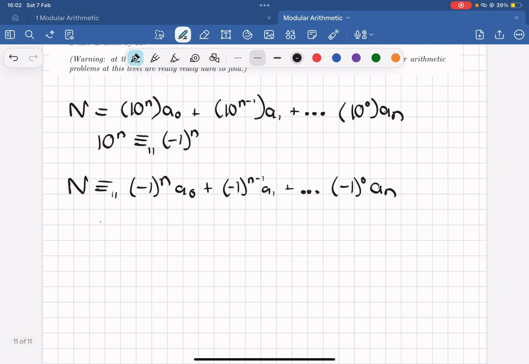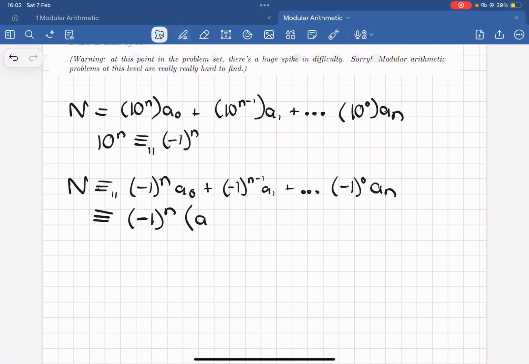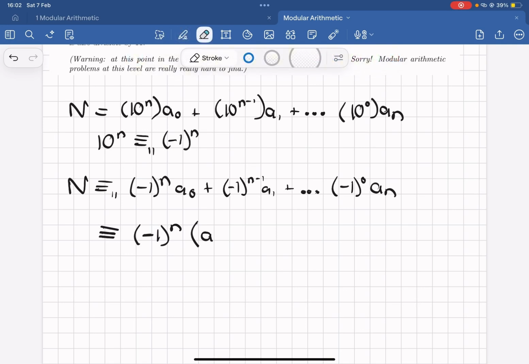Now we can factorize out minus 1 to the n. If we bring this minus 1 to the n to the front, we know minus 1 to the n is either going to be positive or negative. So we're assuming that n is either even or odd.